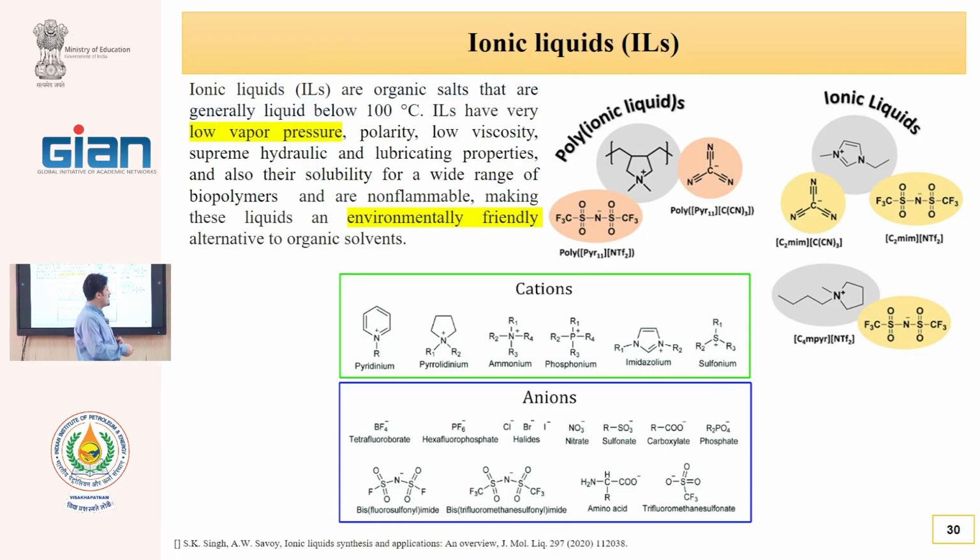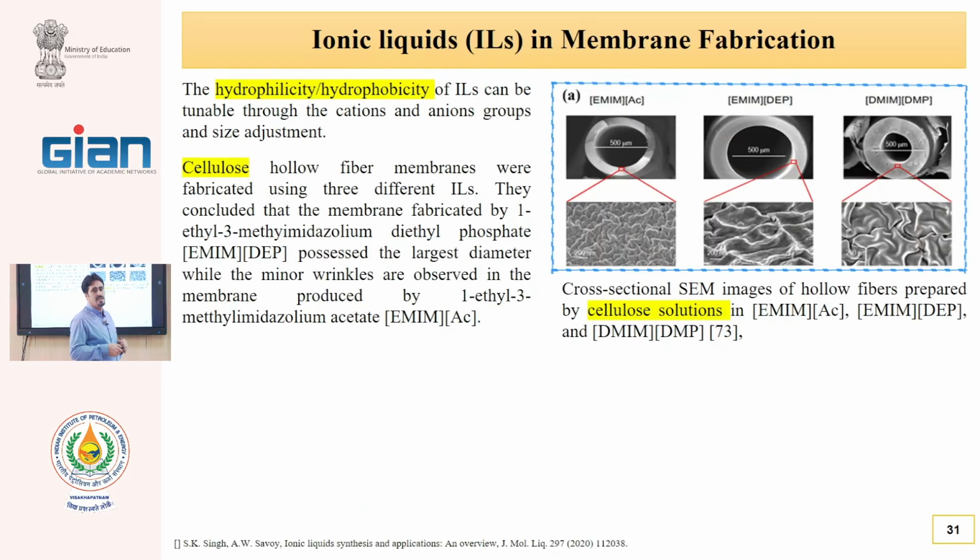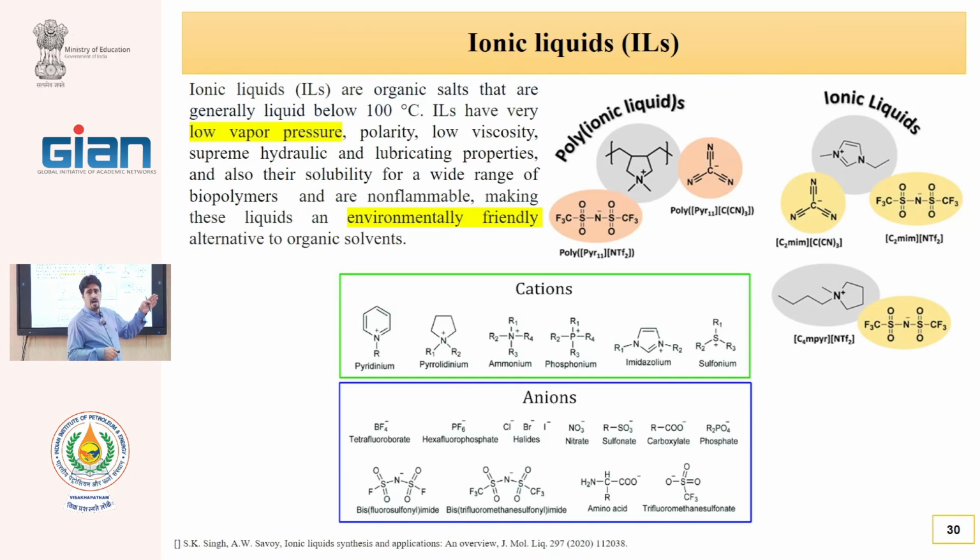But studies show that we can dissolve some polymers in ionic liquids, and we have many thousands of ionic liquids from mixing different cations and different anions. Therefore, we change the properties of the solvent by changing these groups. We can have hydrophilic or hydrophobic solvents, polar or non-polar solvents.